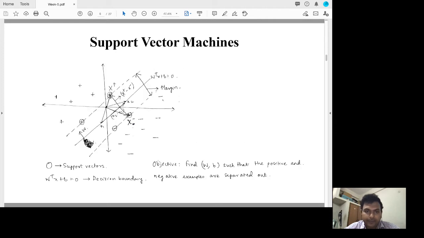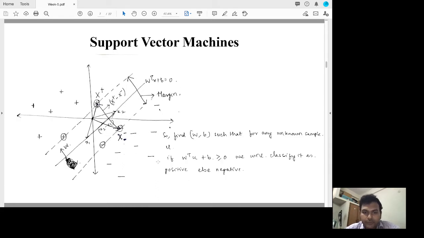Okay, so you want to maximize this margin. Till now it's fine that you just want to maximize your margin. So find W and B such that for any unknown sample... you will think about the margin later. First let's think about how we will define the decision boundary.